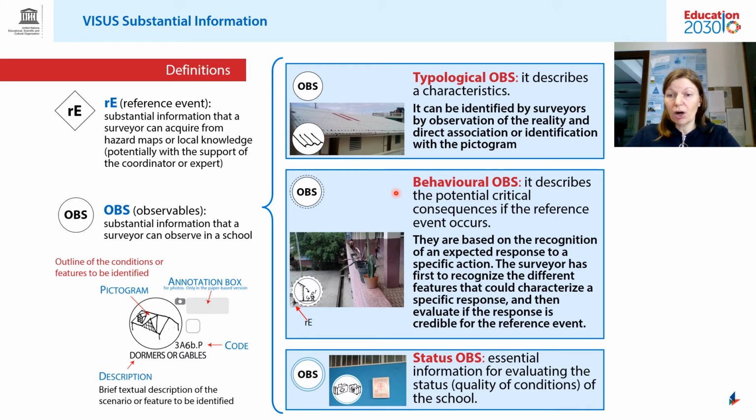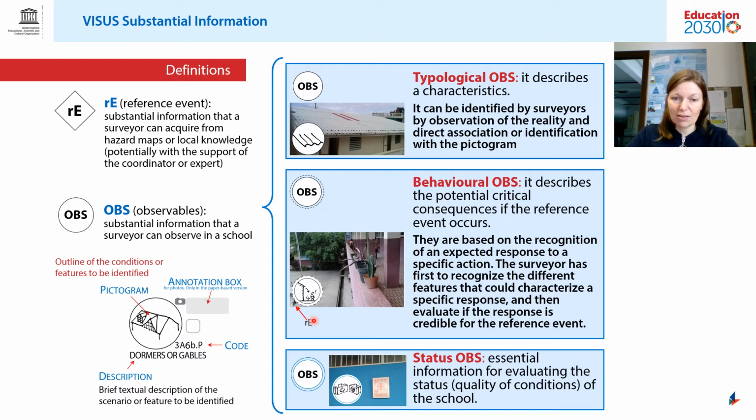A behavioral OBS describes the potential critical consequences if the reference event occurs. Here you can see an example of behavioral OBS, and here you can see in the bottom left corner of the OBS a very small image that represents the reference event.